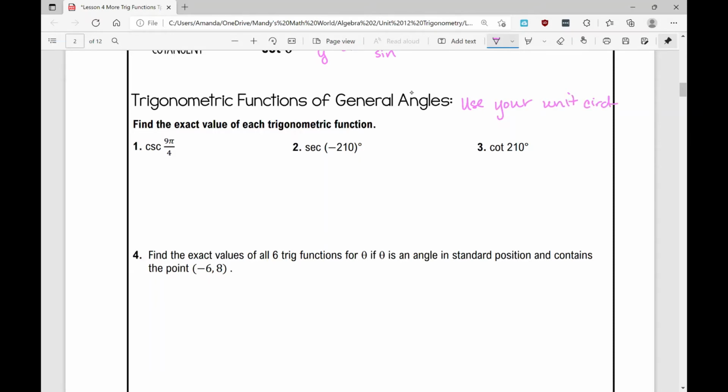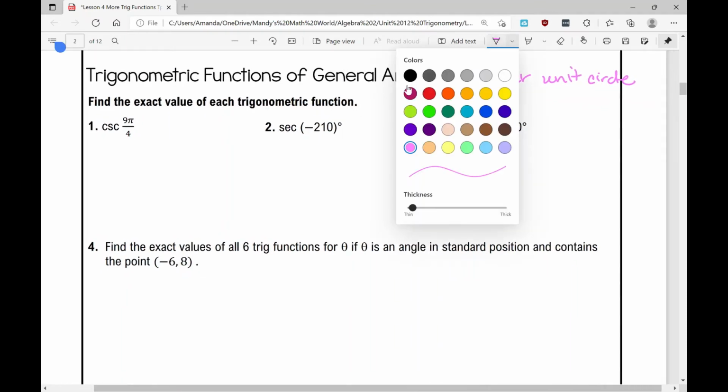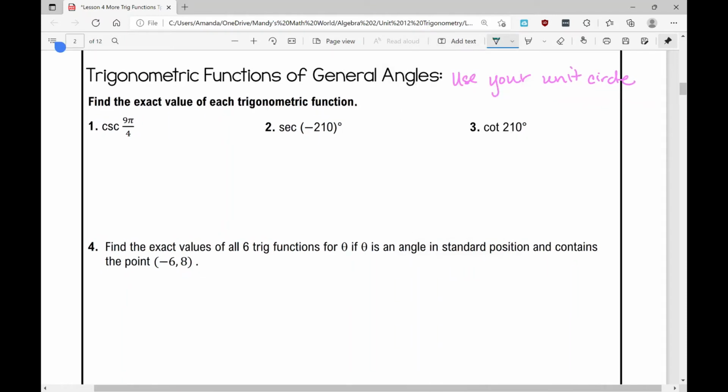So if you need to, get out that unit circle and refer to that as we're going through this, which you should have a copy of, or you can look at yesterday's lesson. I'll put a little card in the upper right corner, and that'll link to yesterday's lesson, which shows our unit circle.